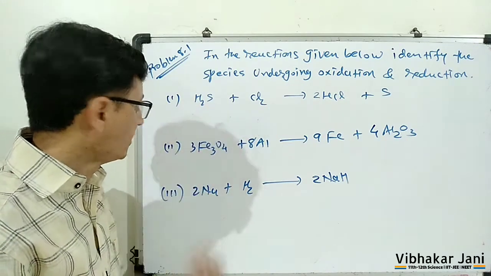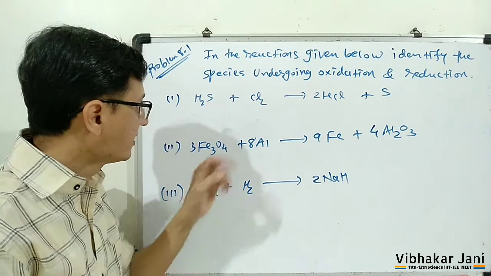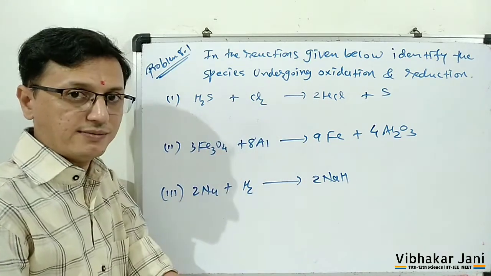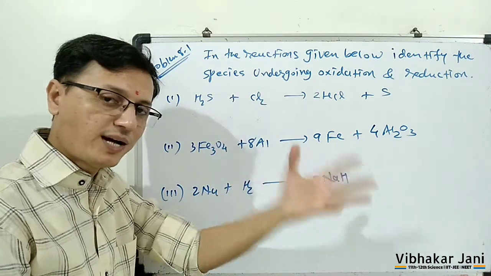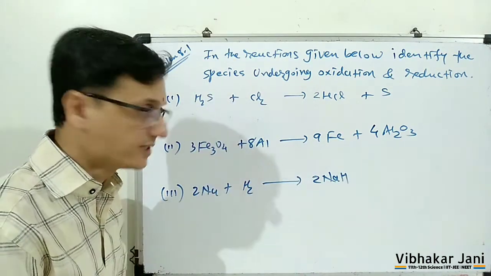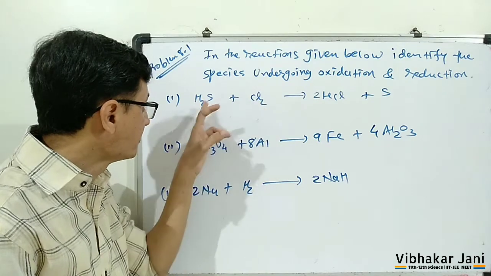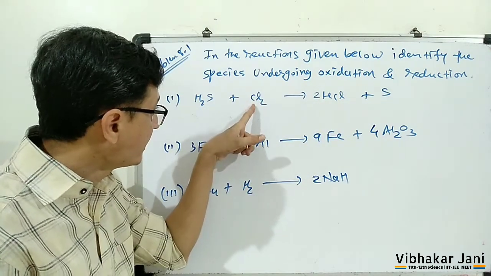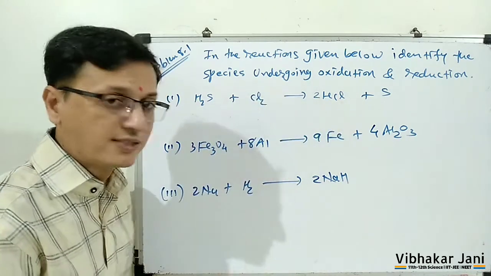H2S is reacting with chlorine. Chlorine, bromine, and iodine are non-metals, and they are electronegative species. Chlorine reacts with H2S to give us HCl. That means chlorine attaches with hydrogen to give HCl.